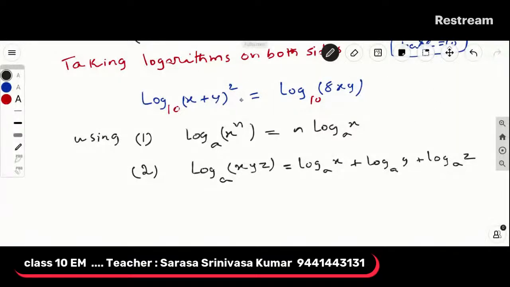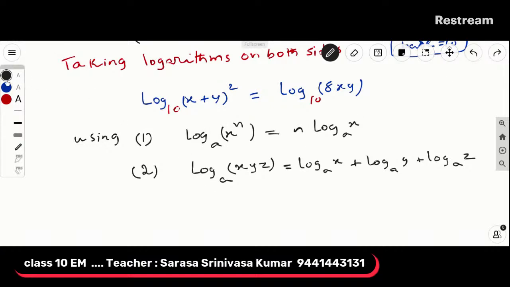Now let us consider the left hand side. The left hand side can be written in the form of n log x base a using log x to the power of n to the base a equal to n log x base a.